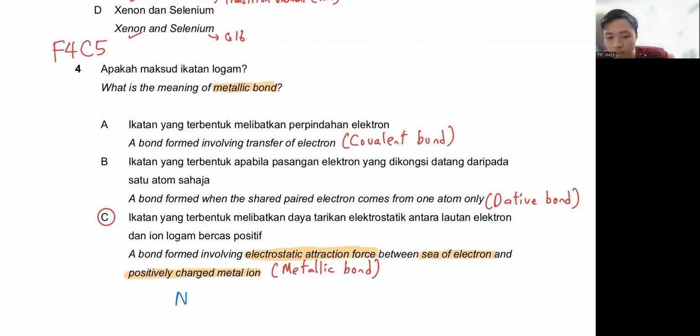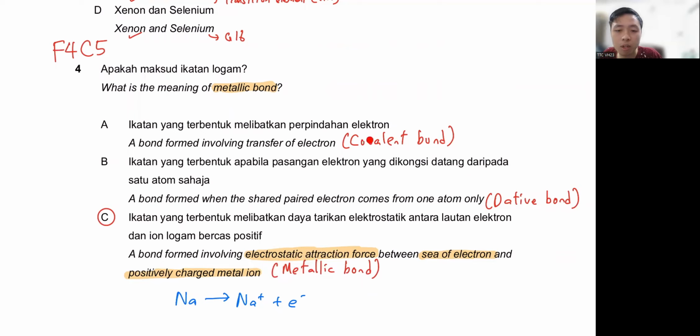For example, Na will donate electron to become Na positive and a lot of electrons. The more of this happens, there are a lot of positively charged ions and a lot of electrons. A lot of electrons we call it electron sea. So together, these two produce a force which we call electrostatic attraction force, which is named as metallic bond.